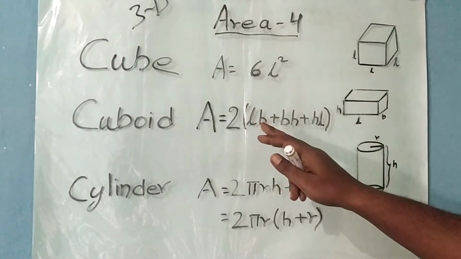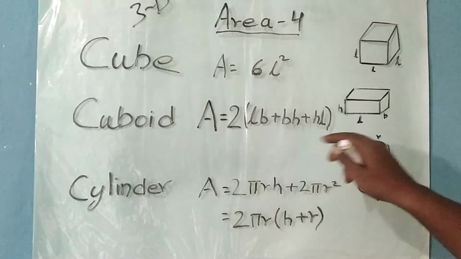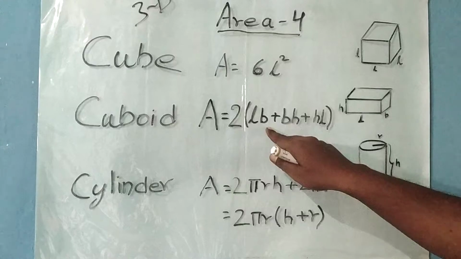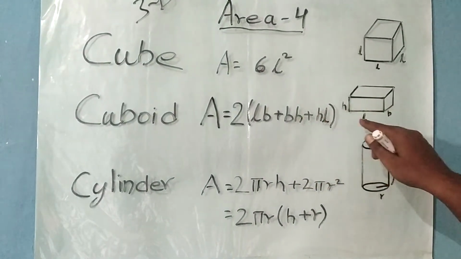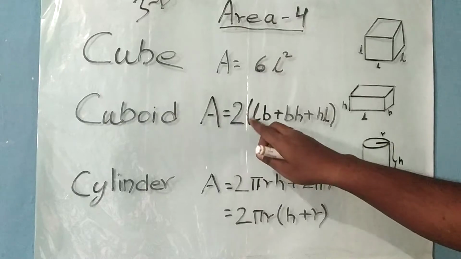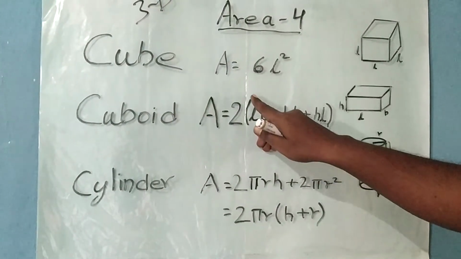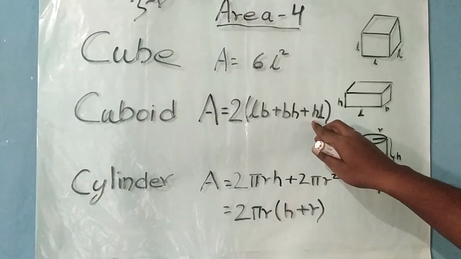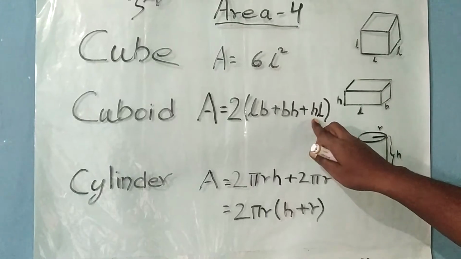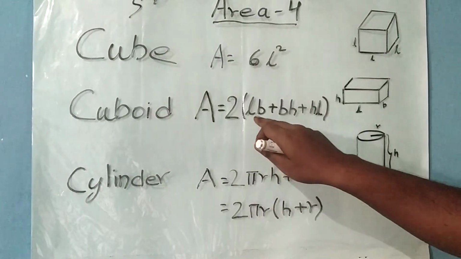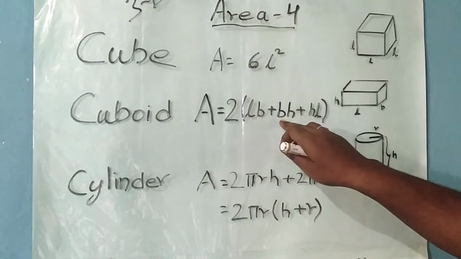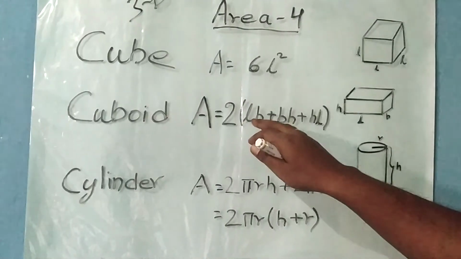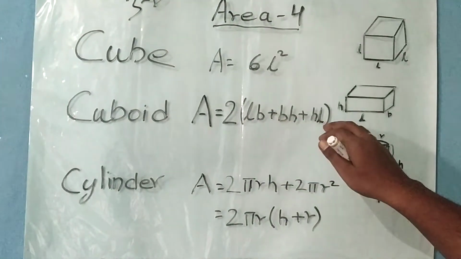So the total surface area of the cuboid will be 2 into (L into B plus B into H plus H into L). 6 surfaces are there, with 2 surfaces of each kind. So it will be 2 into the whole of LB plus BH plus HL.